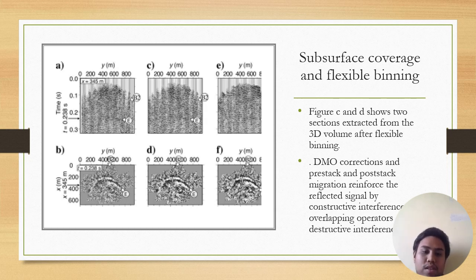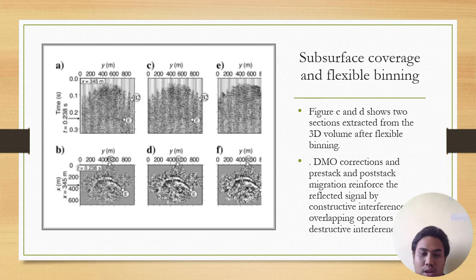As you can see, figures C and D show two sections extracted from the 3D volume after we apply the binning. As you can see, there are B2 and E, more highlighted on the E part. It's not shown in C, but it obviously shows in D.